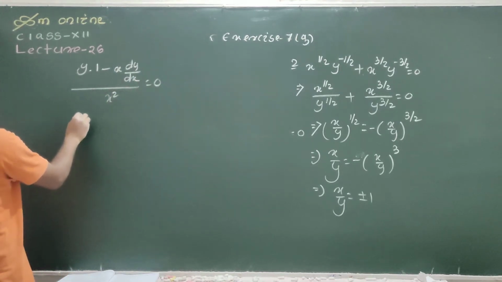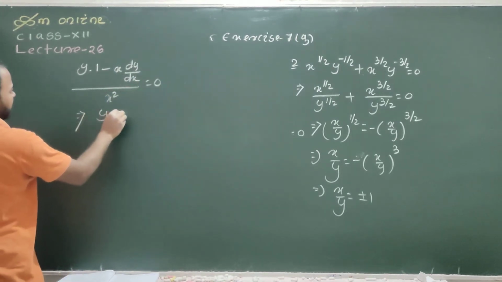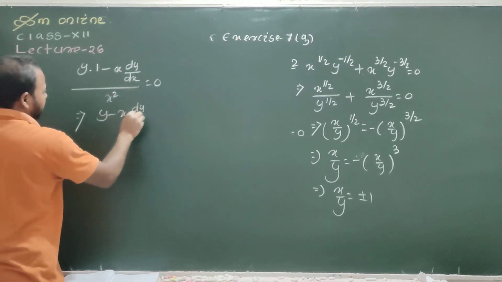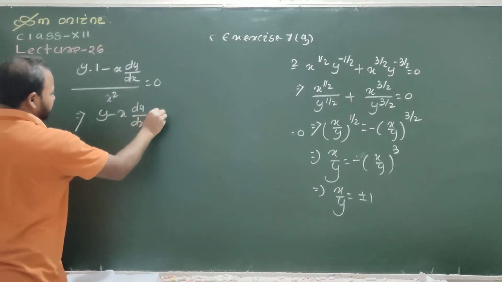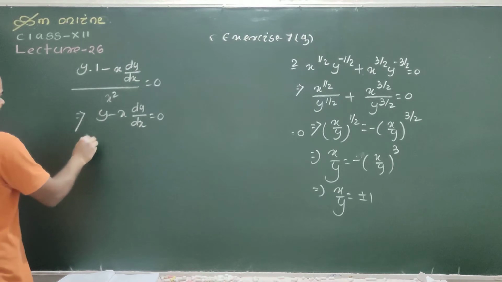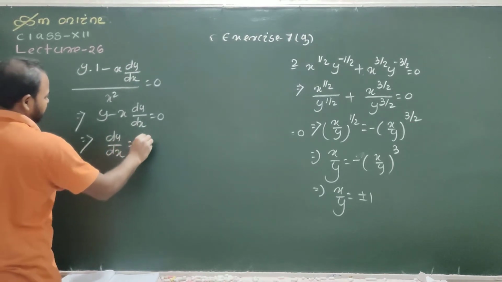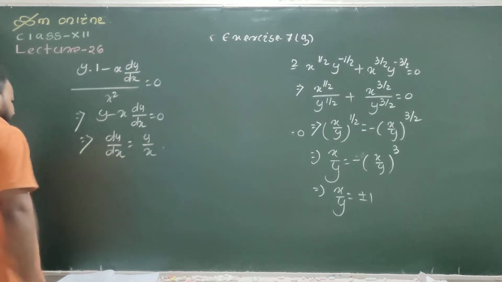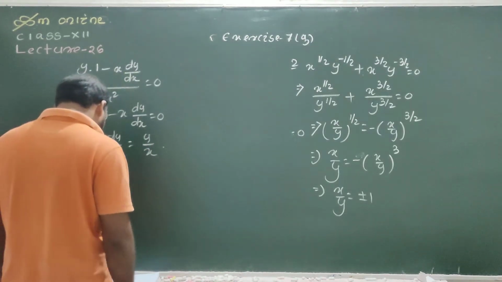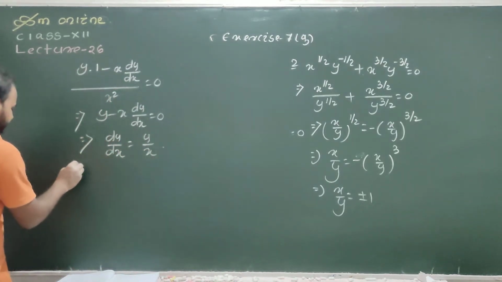It implies that y minus x dy by dx equal to 0, so dy by dx equal to y upon x. Okay, now move to question number 3.